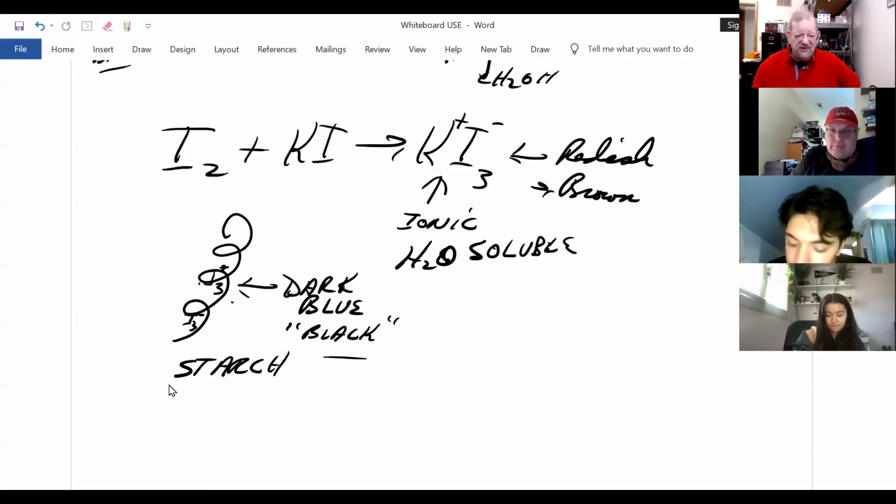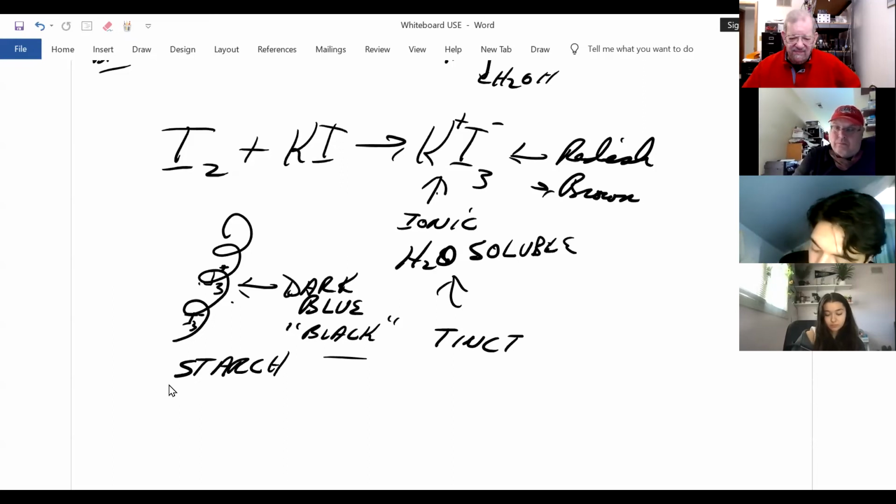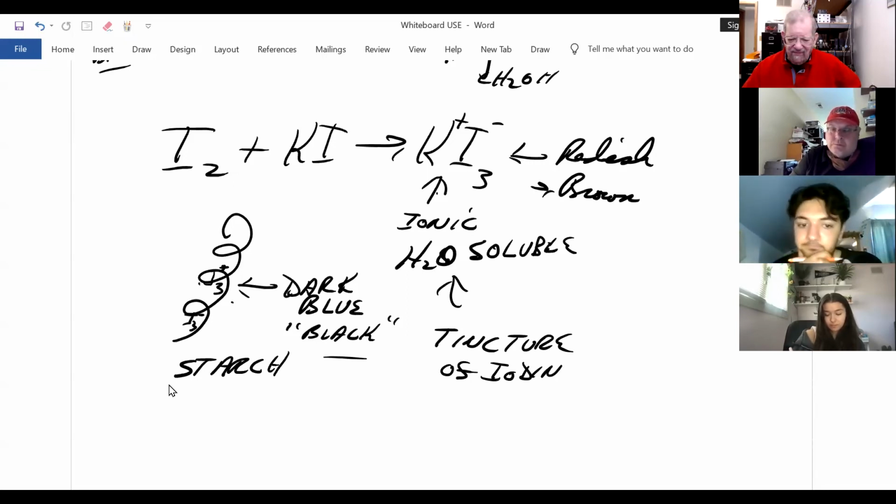And this potassium iodine solution is also called tincture of iodine. One of the reasons they mix it with ethanol is that the water in the KI3 is very good at killing germs.